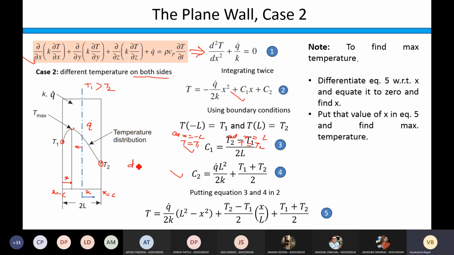So you have to write dT by dx equal to 0. Means you have to differentiate this whole expression, equate it to 0. And then whatever value of x you get after doing this, put it back into this equation. Then T will be replaced by T max. Is it clear?